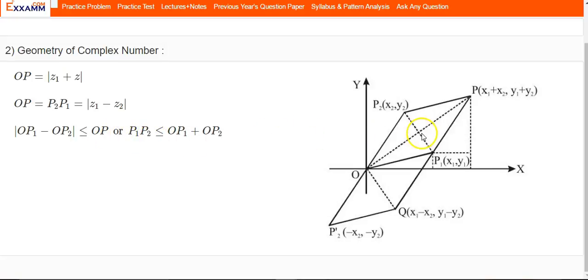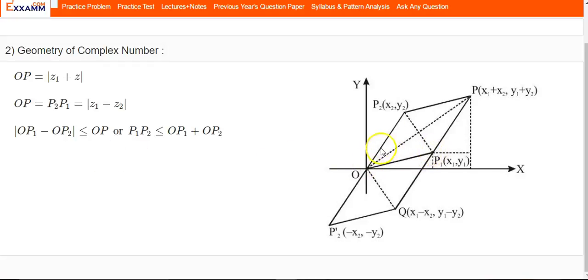Now we also know that any side is always greater than or equal to the difference of the other two sides. Now again, in this triangle OPP1, this is the side OP, OP is greater than or equal to OP1 minus OP2, the difference of the two other sides.